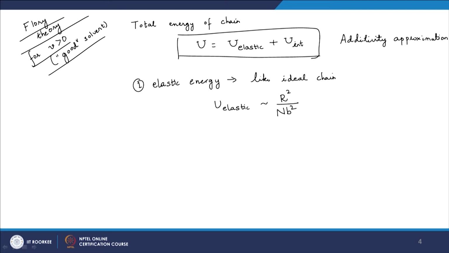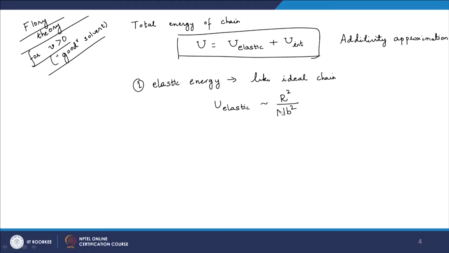We do not worry about the prefactors here. There was a prefactor of 3 by 2 if you recall. Since we are doing a scaling theory, we do not care about the prefactors. We only care about how R scales with N or M. Actually, we are always using M, so let us go back to M, where M is the number of segments.